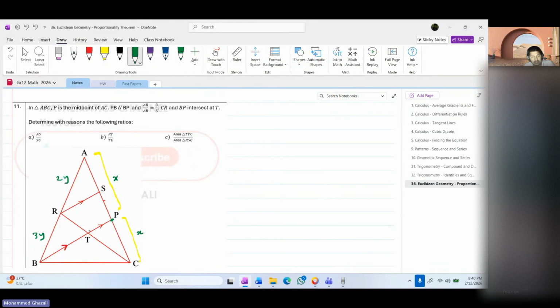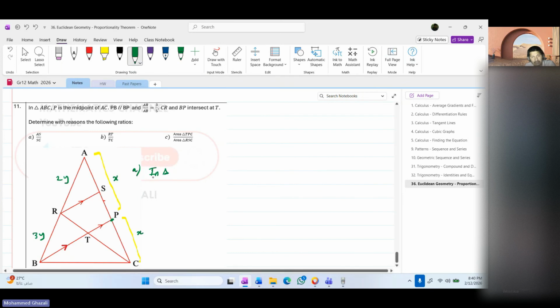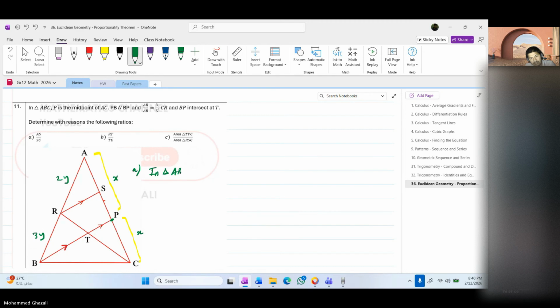AS to SC. We're going to use this triangle here. I'd rather write out the triangle that you can work with, all right? Let me write out the triangle that we are actually working with. So in triangle ABP, that's the triangle I'm working with. In triangle ABP, what do I need to find?